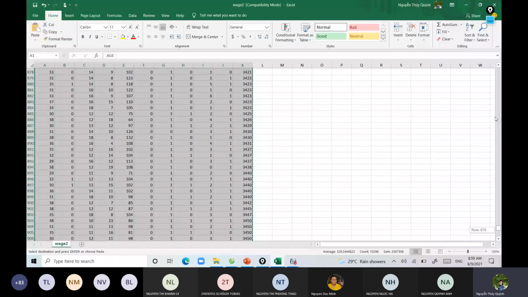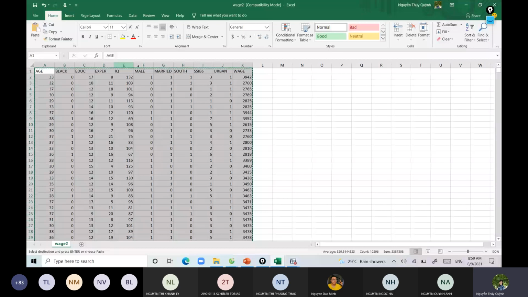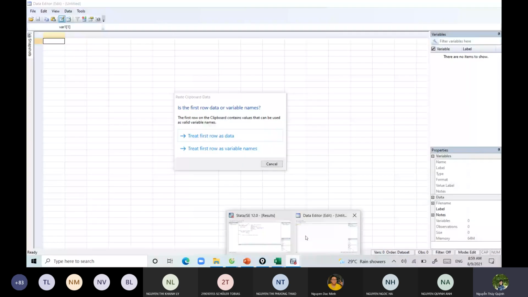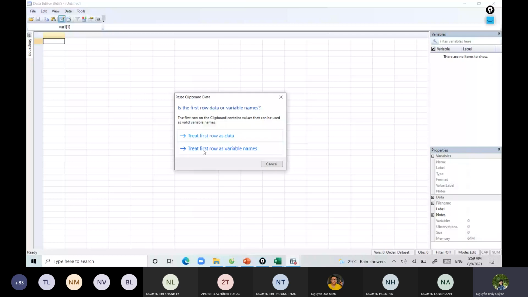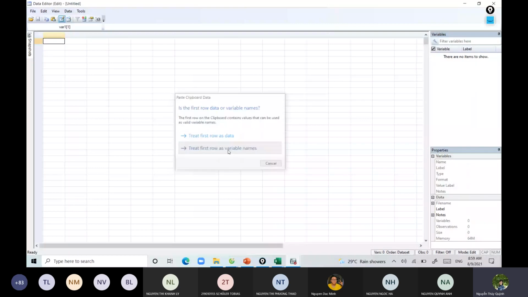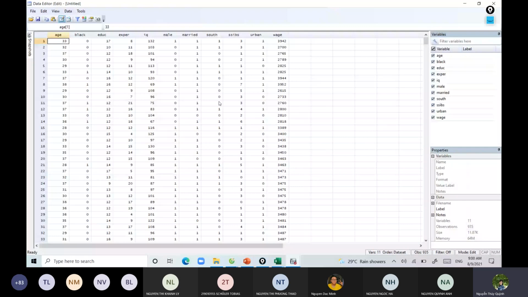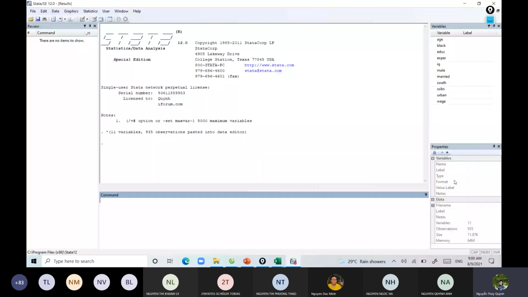All right, then in Stata, you choose the second option, treat first row as variable names. All the data is imported into Stata now. This is the main interface of Stata, and look at the variables window. You will see that we have many variables here.